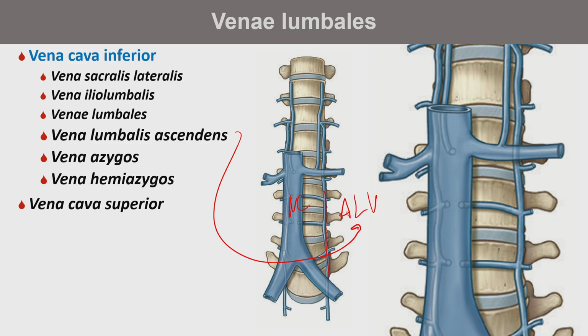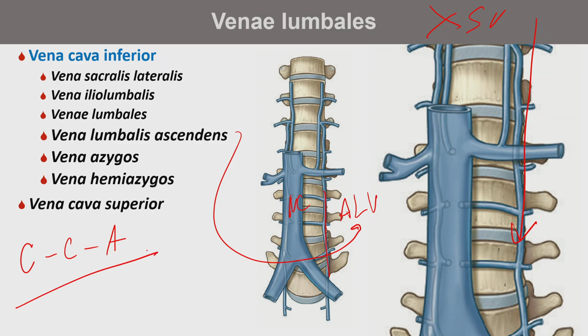So those bridges are important because there are alternative ways of blood flow when you have an occluded inferior vena cava, or when you have an occluded superior vena cava. The blood flow then could go this way and could supply the inferior vena cava. So this is the way of cavo-caval anastomosis.